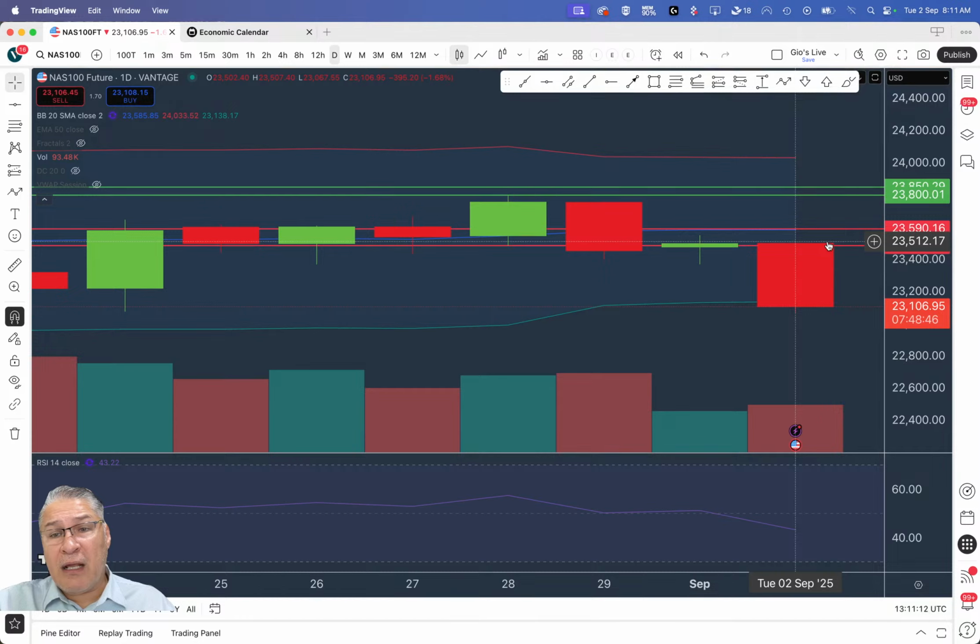We can contemplate that 23,000 is going to be a level of support, psychological support indeed, for the Nasdaq. In reality, let's see if we can identify the direction of the market. Is it going to continue to push lower? Are we going to come in and test 23,000 when the bell opens in about 20 minutes, actually 19 minutes?